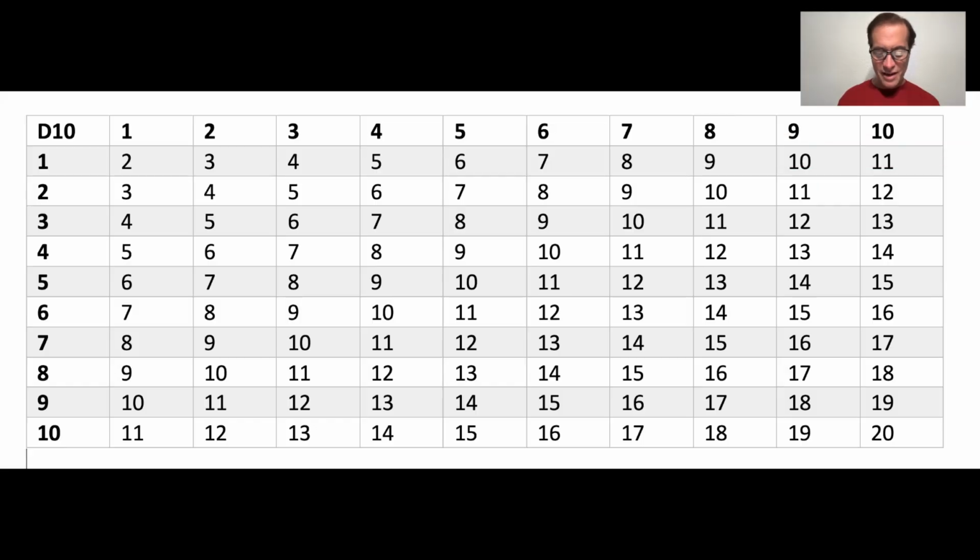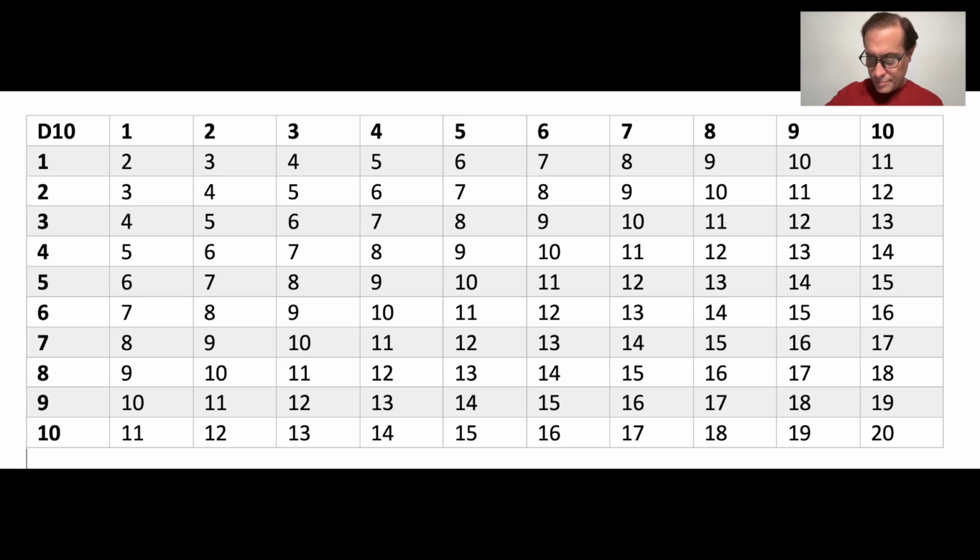As you can see here, there are 100 combinations. 10 by 10, right? Because you can roll the first die and get 10 different results, and you can roll the second die and get 10 different results. There's 10 combinations for each. In probability, when we look at percentages, we multiply, right? So there's 100 different combinations because you could get the 1 and 1, 1 and 2, etc., all the way up to 10 and 10.